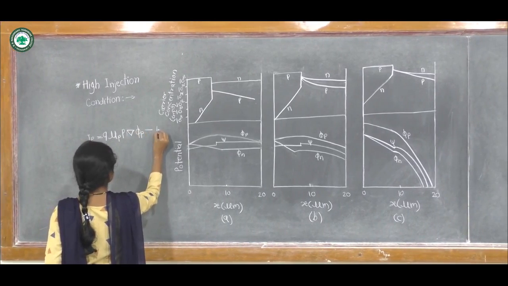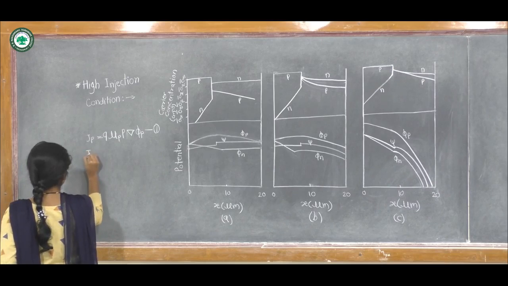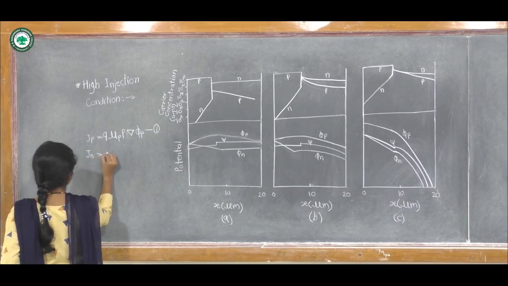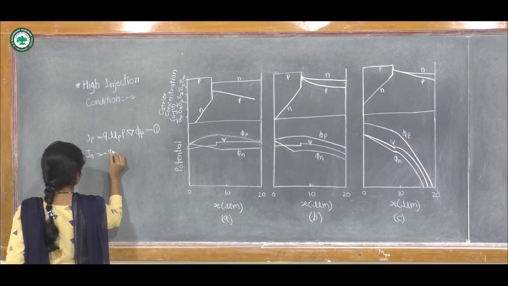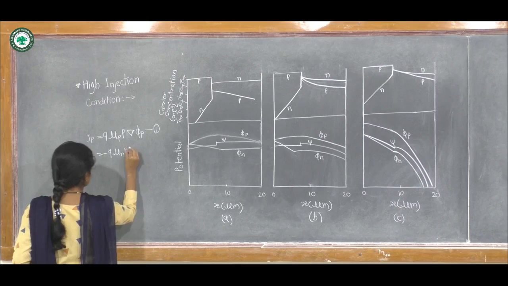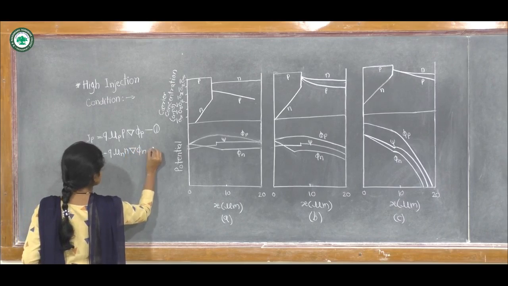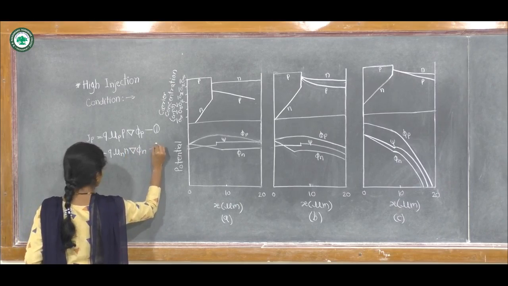So this is equation number 1, and Jn is equal to minus Q into mu n into n into del phi n. So this is equation number 2.